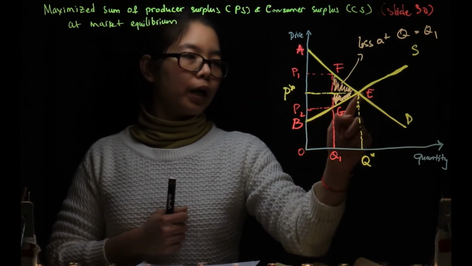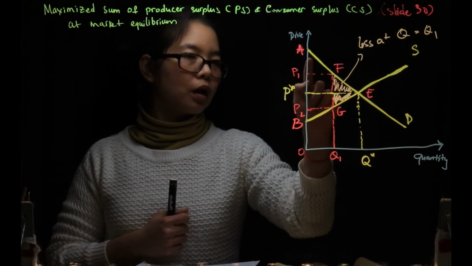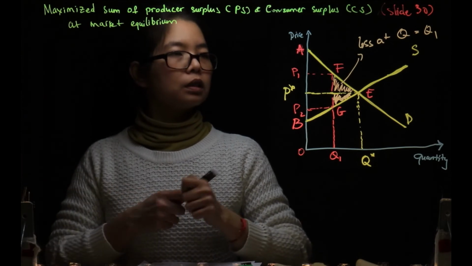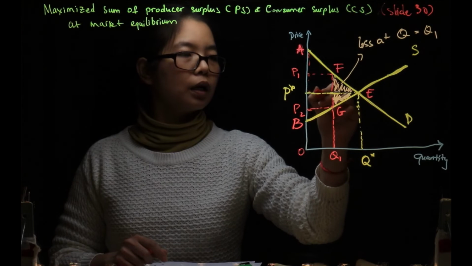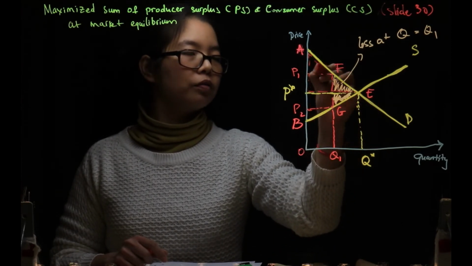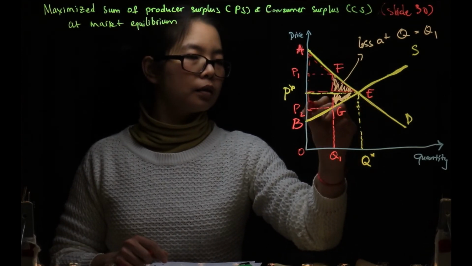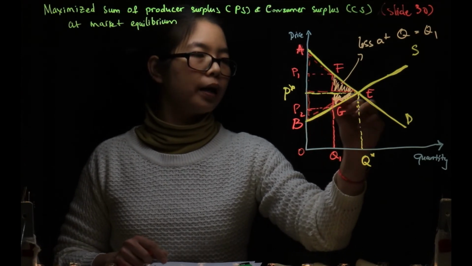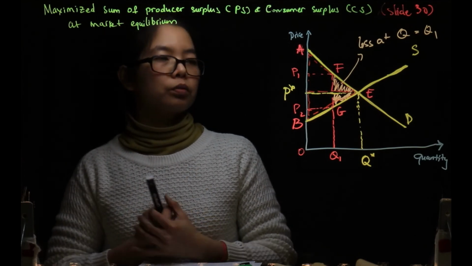When the market price is at equilibrium E, the triangle above the market price and below the demand curve is the consumer surplus. And below the market price and above the supply curve is the producer surplus.